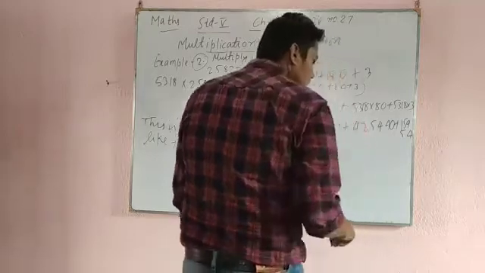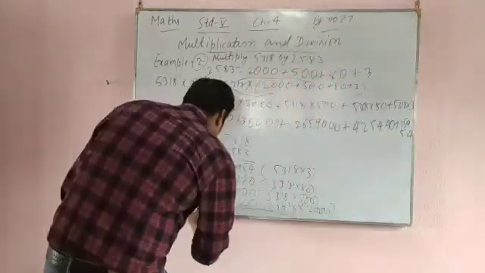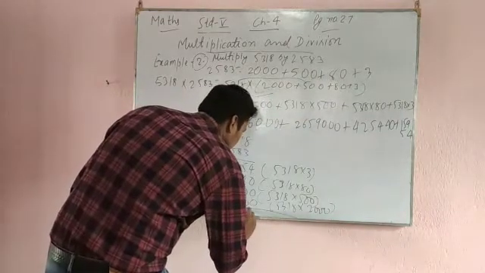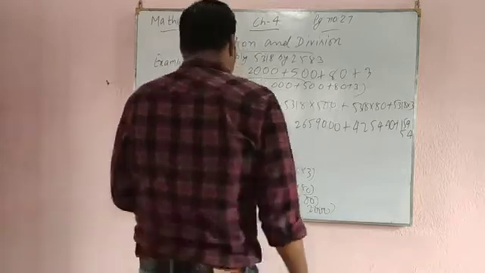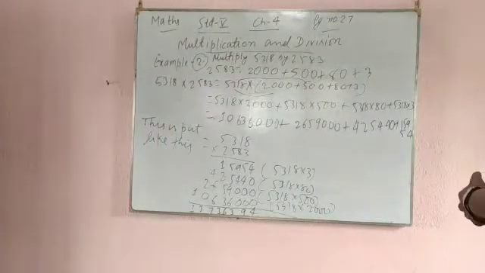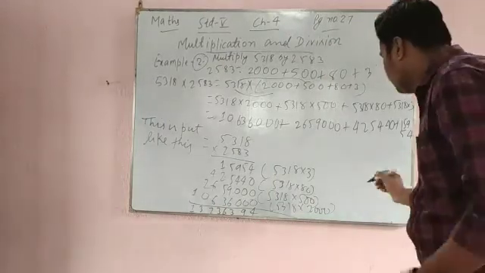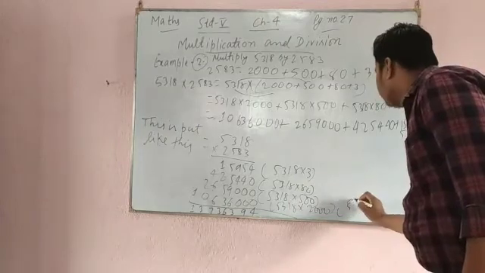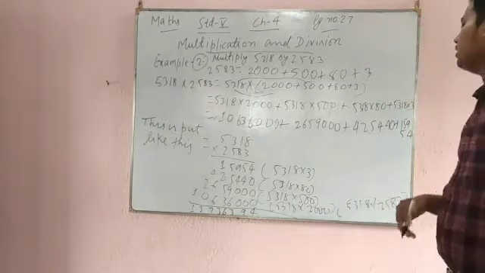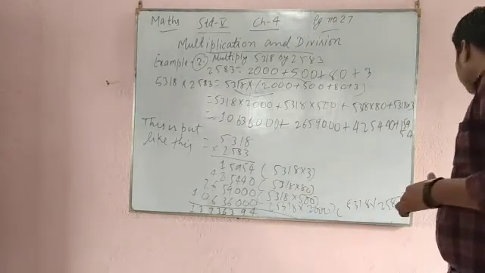The answer is 13736394. It means 5318 multiplied by 2583. Okay students, so you have to solve this multiplication according to this method.